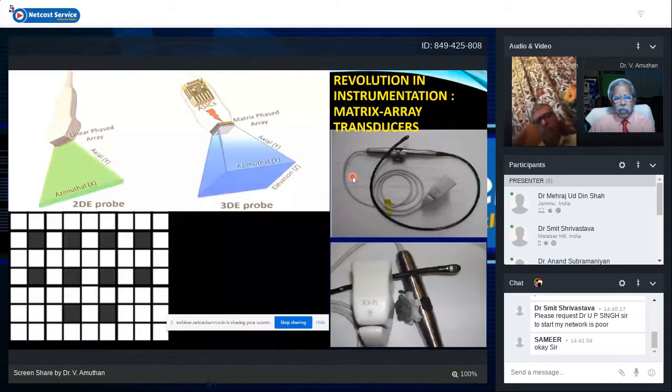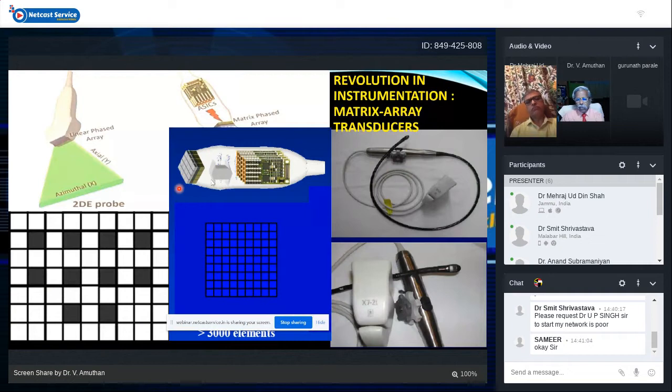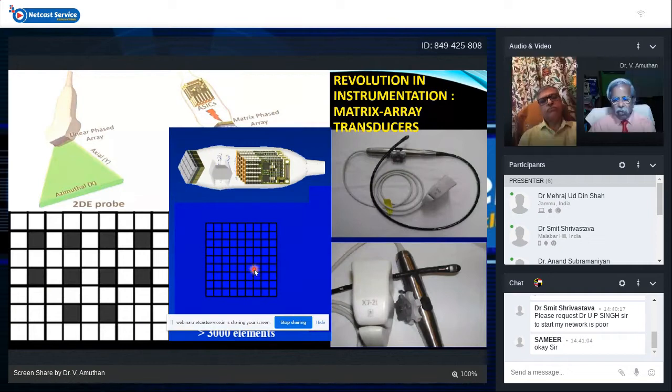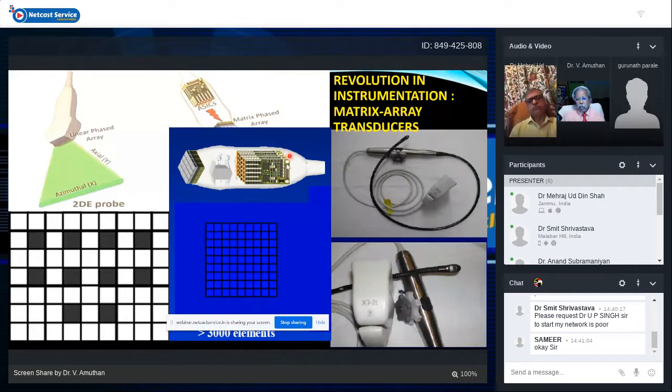And you can see here, this is the 2D transducer which has a sparse array. Only the elements are very few, and compare this to the 3D, where you have more than 3,000 elements. That is the 3D transducer. It's called a matrix array transducer.